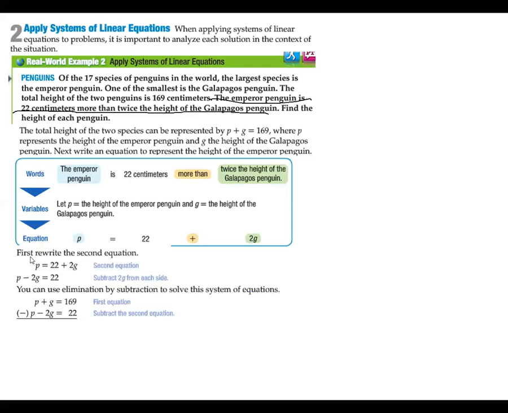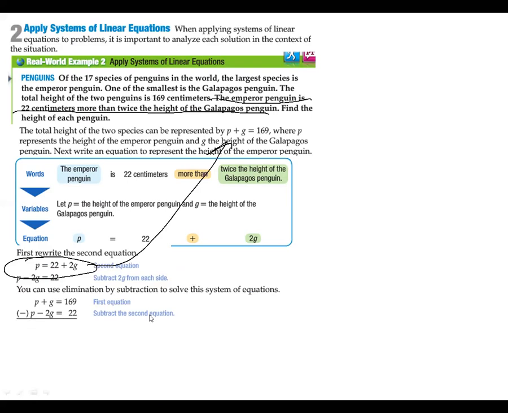You could have just taken the equation for the emperor penguin and plugged it in and used substitution. In fact, the book is using elimination here, but it's not wrong to use substitution. I probably would have used substitution since the second equation is already solved for P. But let's see how they do it with subtraction.